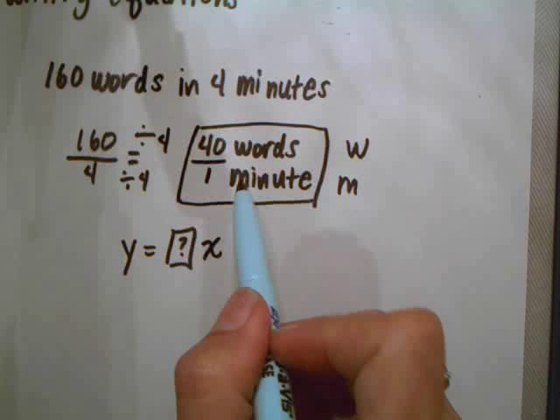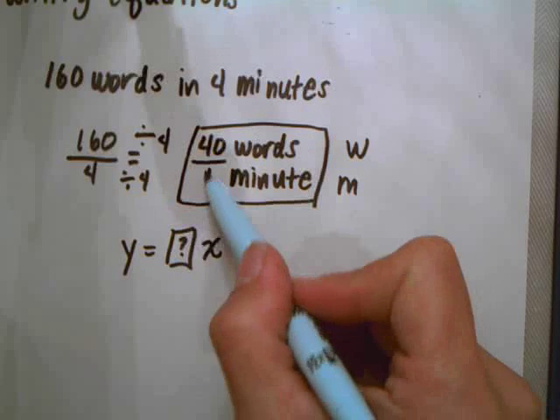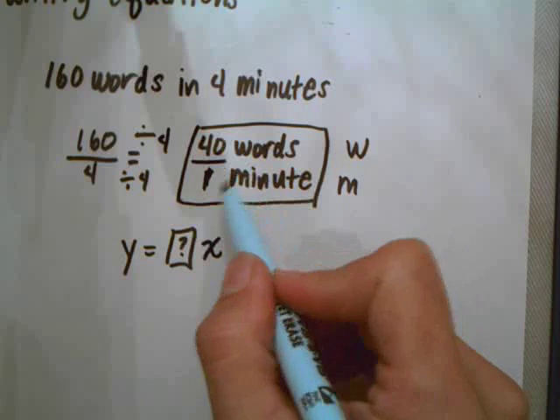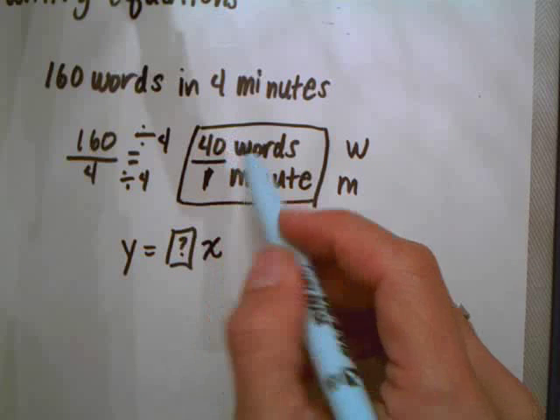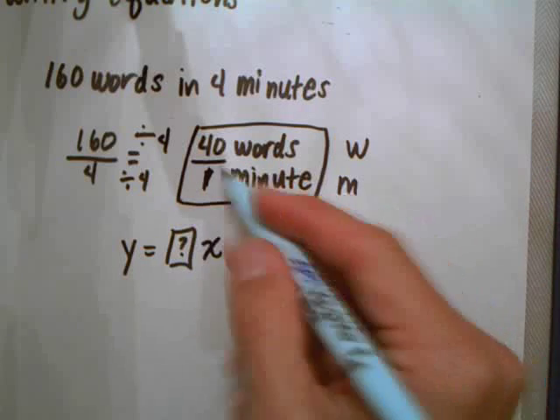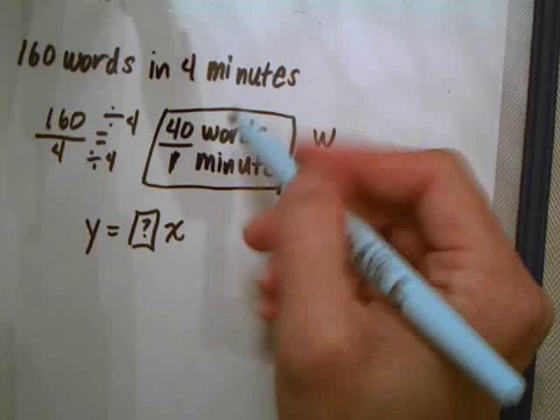How do I know which one's X, and which one's Y? So here's what's going to help me. What I try to do is substitute some other number in for the 1 minute to see how this is going to work out. So what did I multiply the minutes by to get to the words? Let's see. I'm just going to take, for argument's sake, 2 minutes. How many words can I type in 2 minutes? How do I find that out?